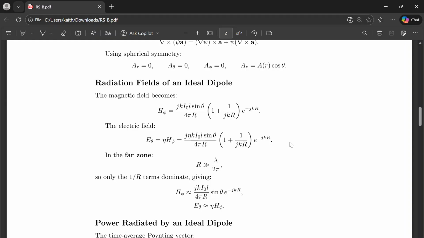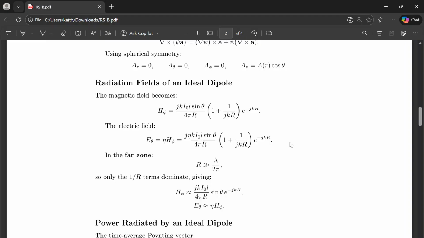Now, typically a dipole has three regions. One is the reactive region, then the near field region, and the last one is the far field region. The condition for the reactive region is that the distance r is less than or equal to lambda by 2 pi.